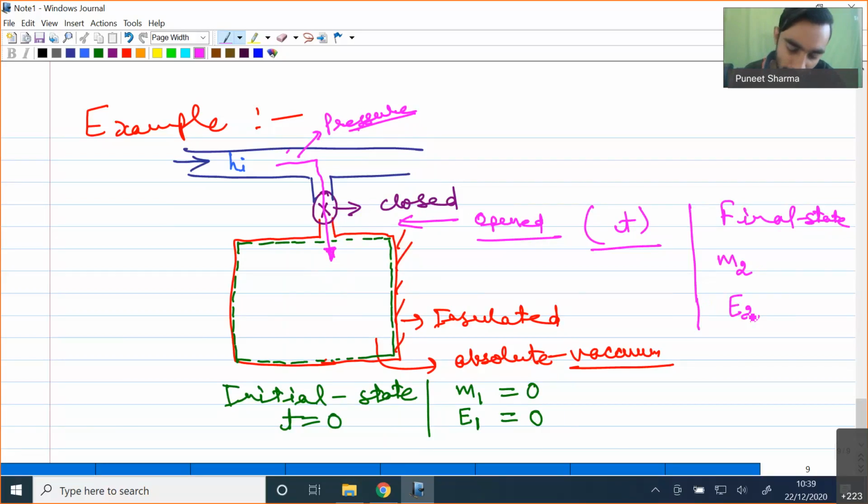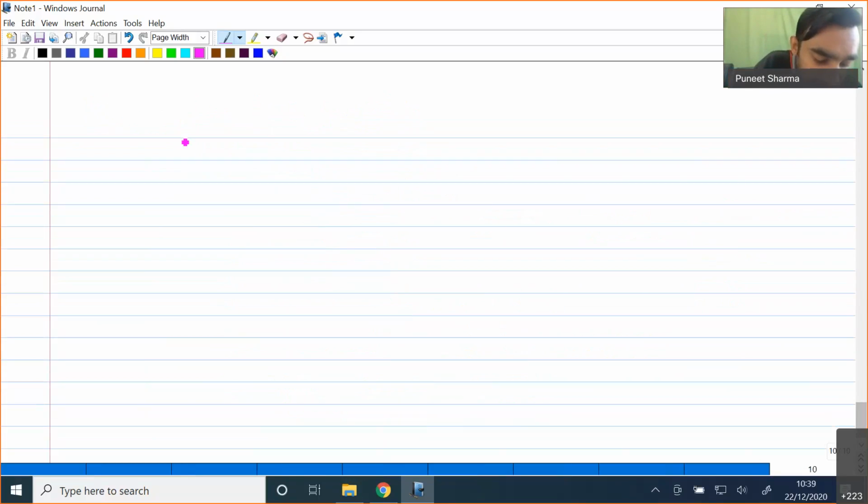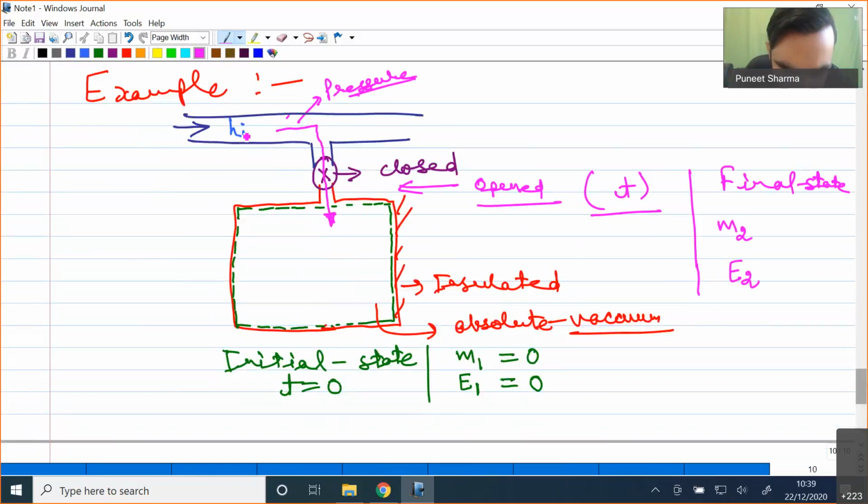Okay, so now let us apply our mass and energy conservation equations for this particular transient process. If I apply the mass conservation equation, what will be happening? We have to consider the sum of all the masses which are entering. We have only a single stream through which mass will be entering.